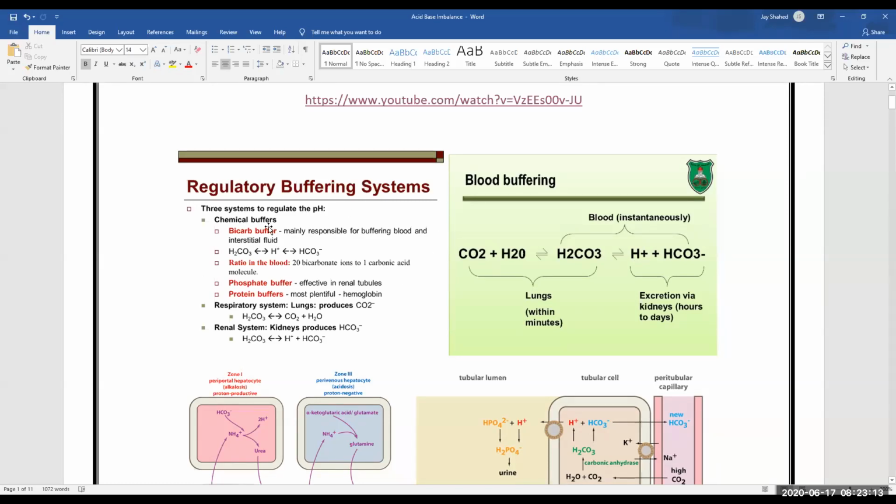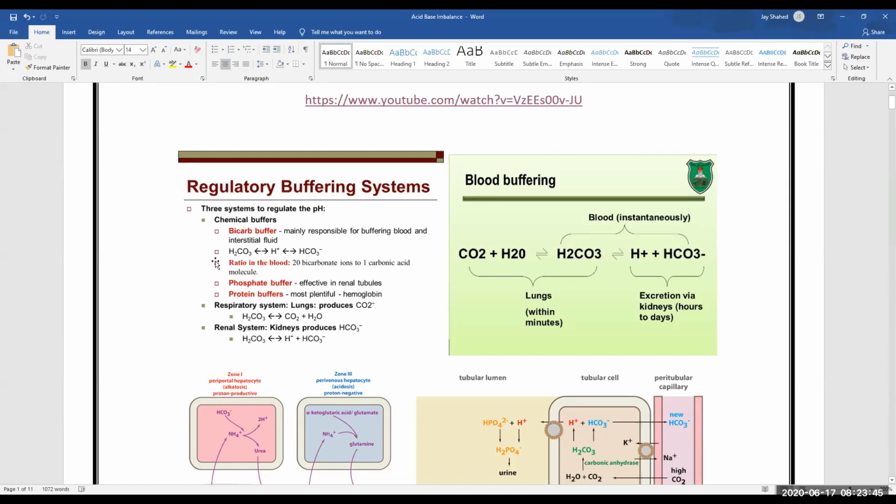These are the three main buffers we look at: the bicarbonate buffer system, which belongs to what we call chemical buffers, the respiratory system buffer, and the renal system buffer. These are the three systems that buffer the pH, or the hydrogen balance, in the body.